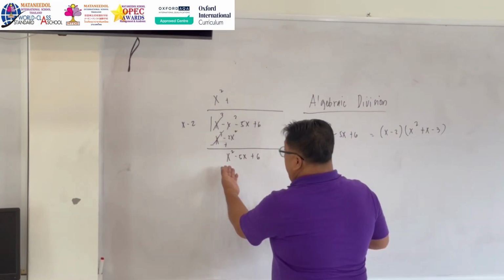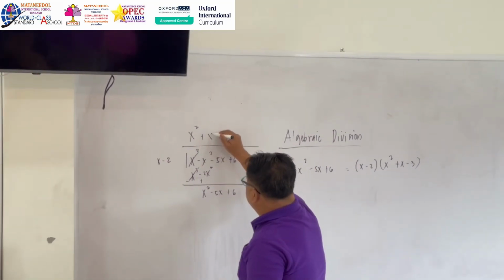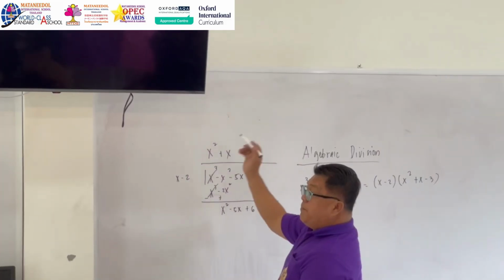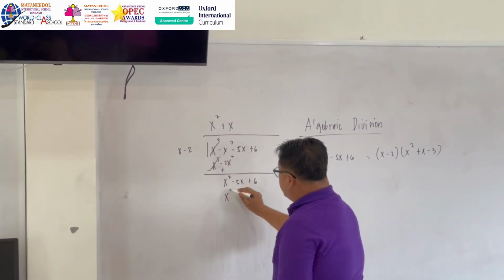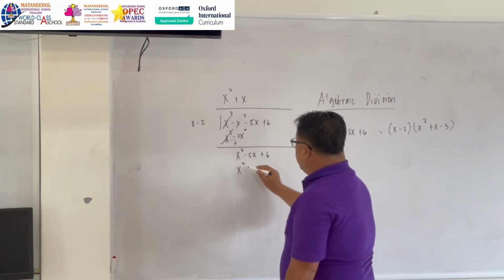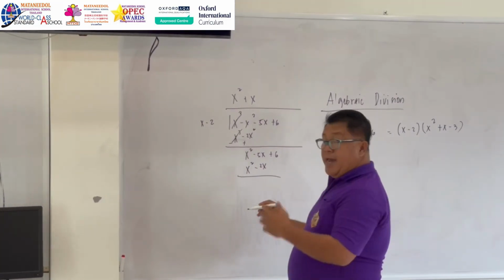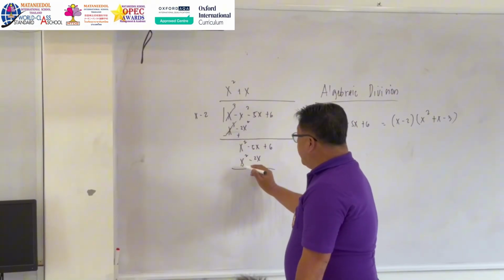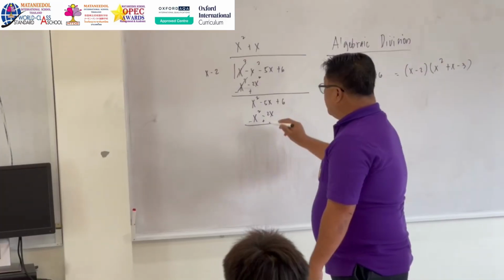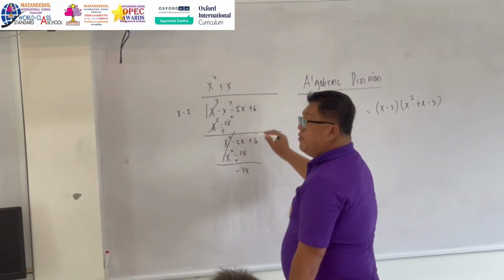And x squared divided by x is x. Then multiply, we have x squared. Then multiply also here, x times negative 2, negative 2x. Again, change the sign. Positive becomes negative, negative becomes positive. So cancel. We have negative 3x, bring down 6.